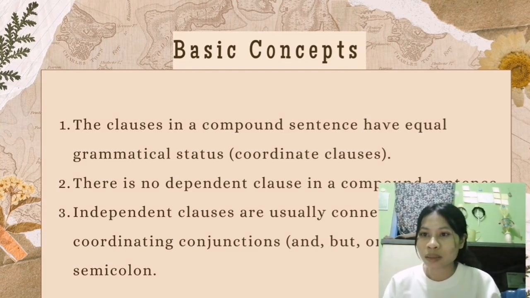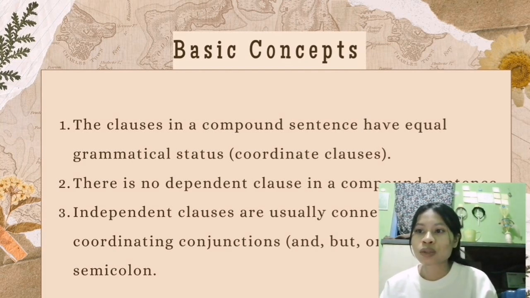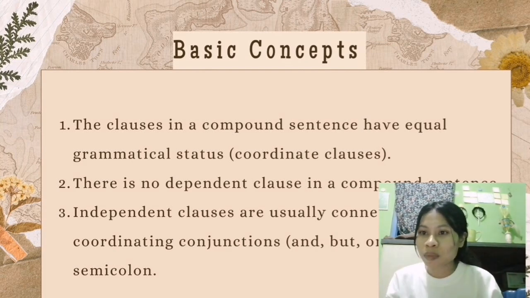So the basic concept of a compound sentence lies in the equal or coordinative relationship between its clauses. The clauses have the same grammatical status, meaning that none of them functions as a main clause or a subordinate clause. Therefore, there is no dependent clause in a compound sentence.